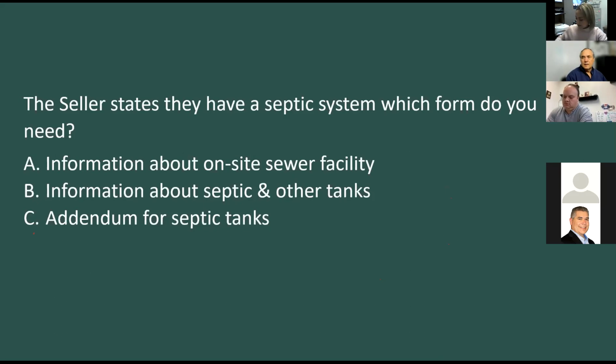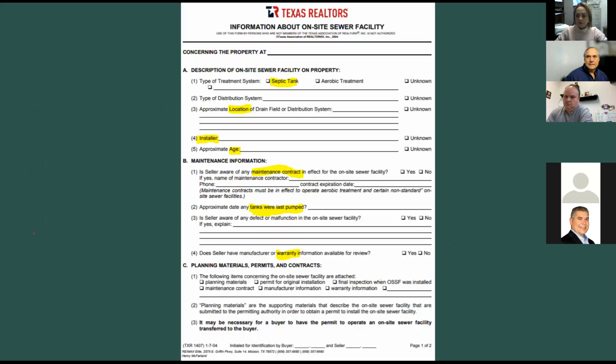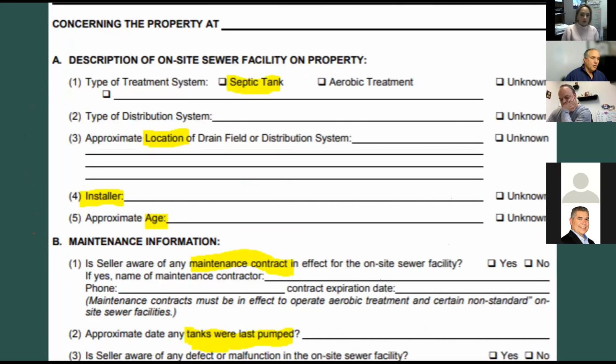All right. Okay. You're absolutely right. On this one, when we look at the first page, if it's a septic system, you can focus on the whole top of it.